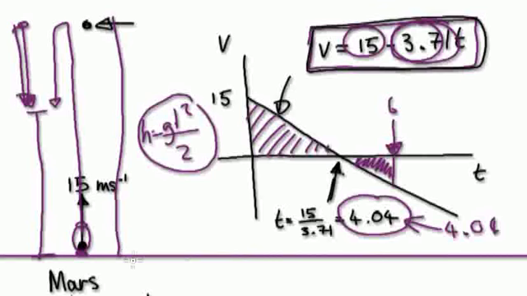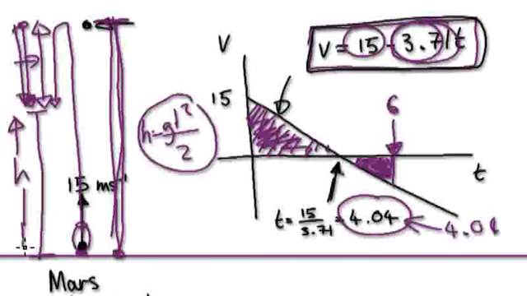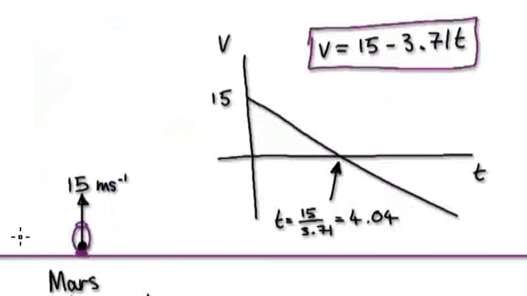So when I say get the maximum height, which is this area here, and then take away this distance here, well, this distance here is actually the area here. So this is 6 seconds. So I would say get this area here, take away this area here, and then that would give you this height here.